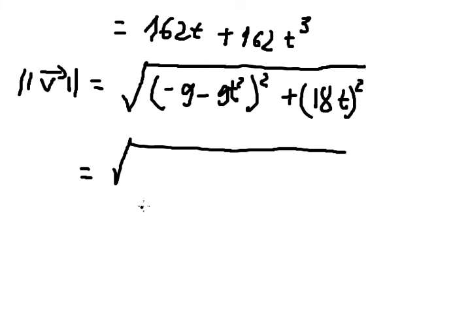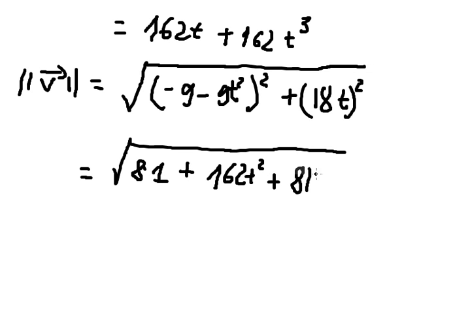So we have 81 plus 162t squared, and we have 81t to the power of 4. This one we have 324t to the power of 2.